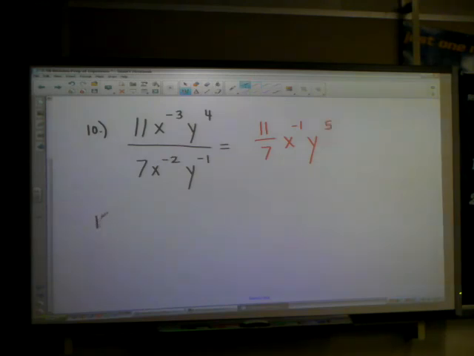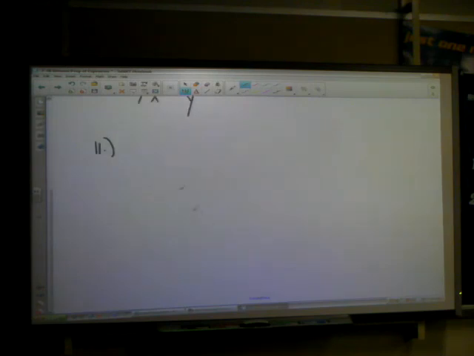Okay. Let's look at number 11. Throw in one more kind of different thing just to see how we handle it. Let's say we have x to the 4th, y to the negative 2nd, over 5x to the 7th, y to the negative 3rd.